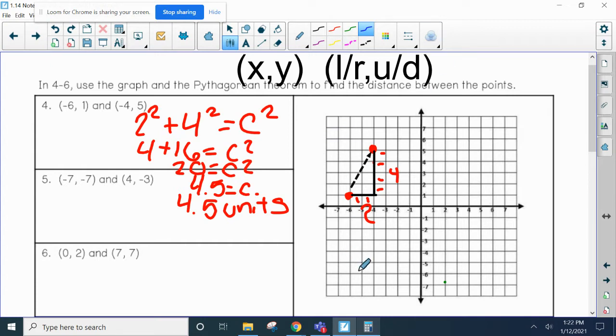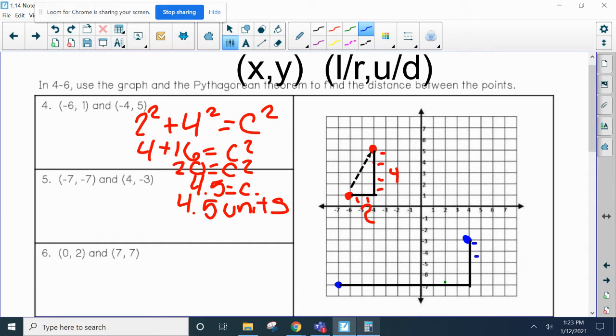Awesome. All right, so now we're going to go ahead and do our next one. So I have -7, -7, so I actually worked all these out. They're all going to work on the same graph, so -7 is 7 to the left, -7 is 7 down, left 7, down 7, and then +4 is to the right 4, and then -3, right 4, down 3. All right, and then we're going to go ahead and make our triangle. All right, so then we can go ahead and count our units.